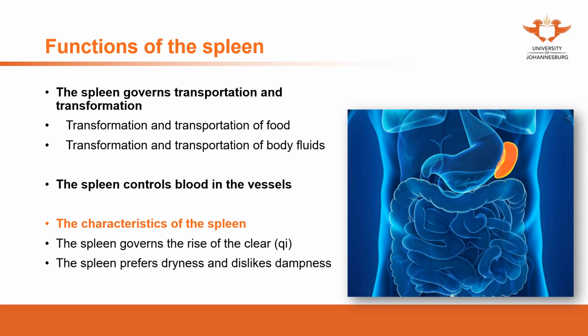Again, when we talk about the qi, we divide the qi into clear qi and cloudy qi. Previously, when we talked about the water in the lung's function, we talked about the clear water and the cloudy water. Just in general, the cloudy water and the cloudy qi refer to something we don't need.